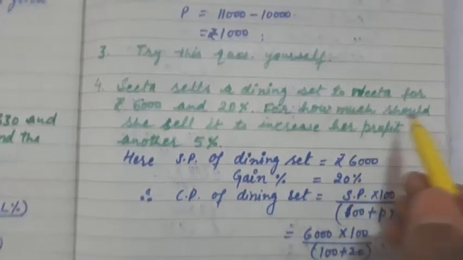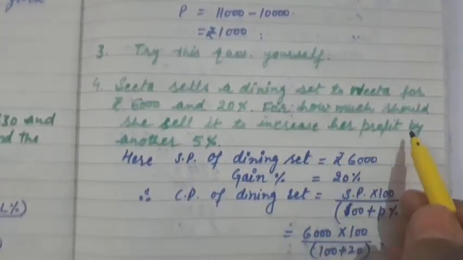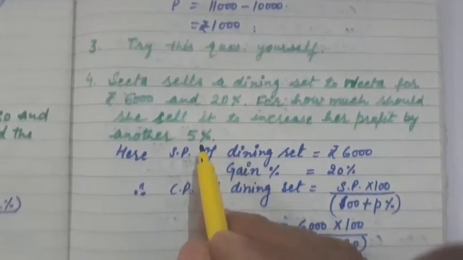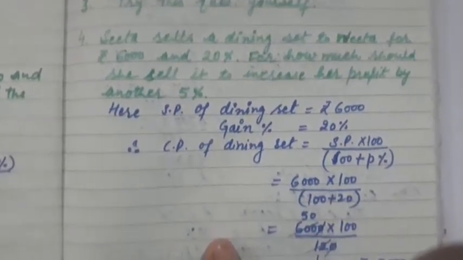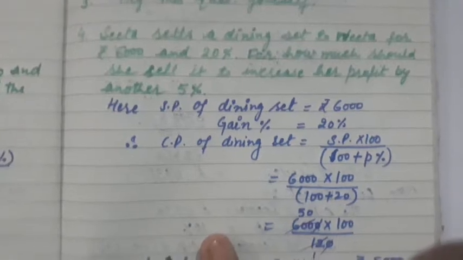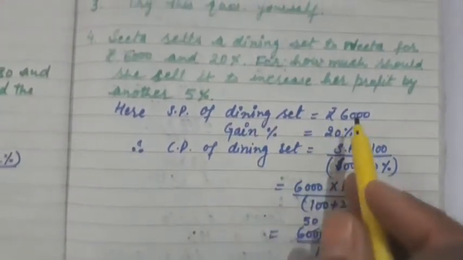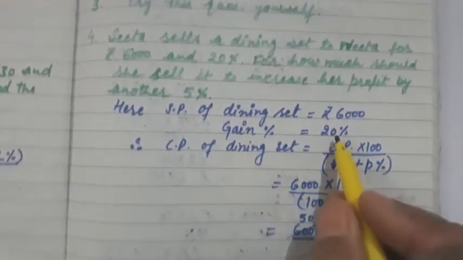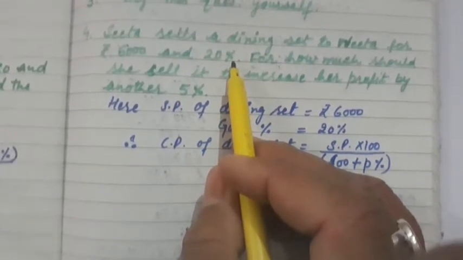For how much should she sell it to increase her profit by another 5%? Means she wants 5% more profit. So how much will be the SP of this dining set? That we have to find. In this question, firstly the SP of the dining set is given, that is 6000, and gain percent on it, that is 20%. It is according to the first condition of this question.